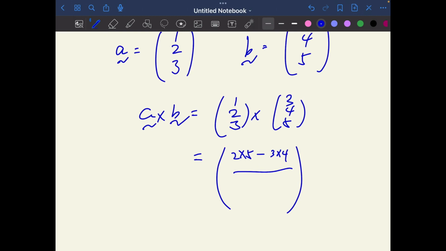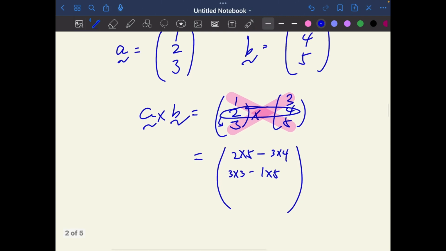The second component: we look at the second row, then the one below it, so 3 times 3 minus 1 times 5. It's like a shoelace crisscrossing method, and you always go from left to right.